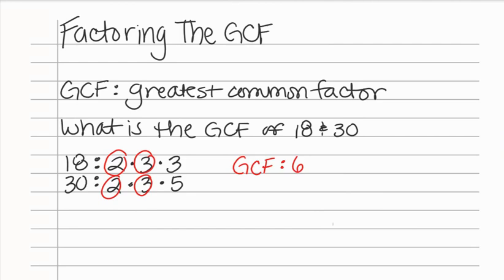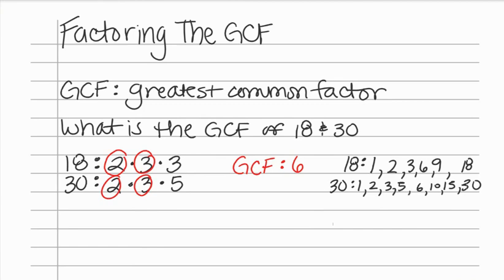Okay. Now, if you had made a list of all of the factors, and you don't have to write this part down, but if you had said 1 and 18, 2 and 9, 3 and 6, and then for 30, 1 and 30, 2 and 15, 3 and 10, 5 and 6, then you would go through and try to find what's common, common, common, common, and then the common factors end.